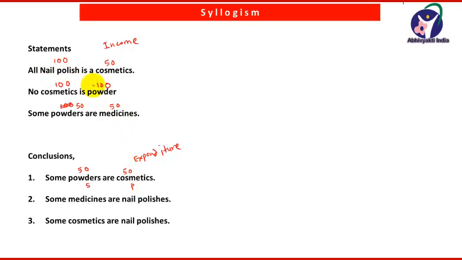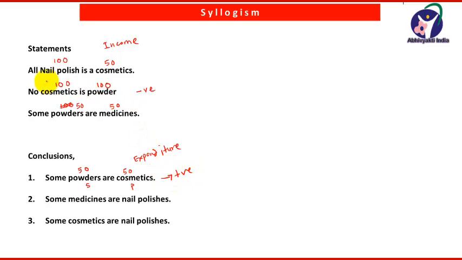Search for this subject and predicate in the above sentences. Powders and cosmetics we find in the second statement, cosmetics and powders, these are correlated. But here the statement is negative and the conclusion is positive.